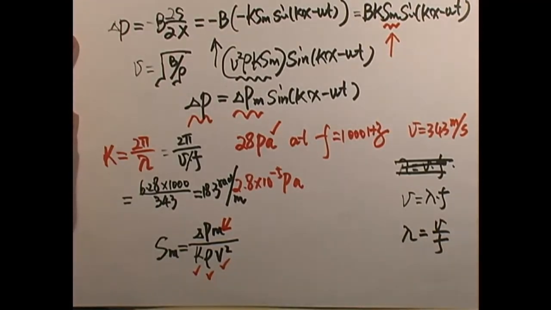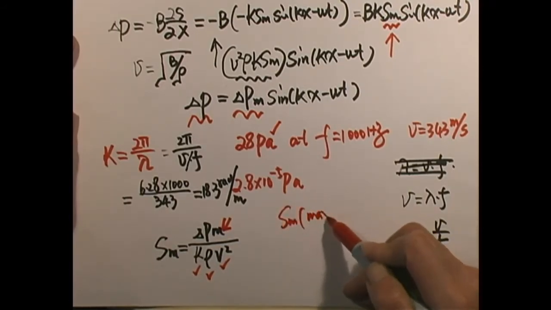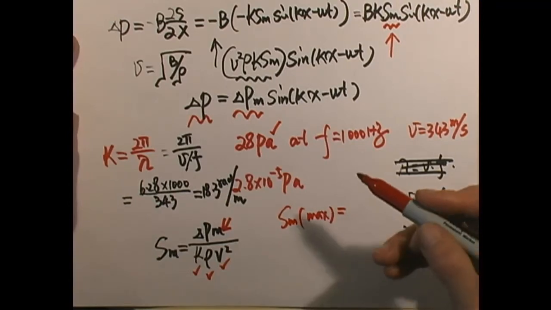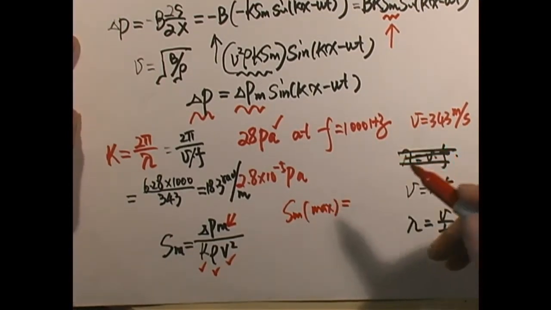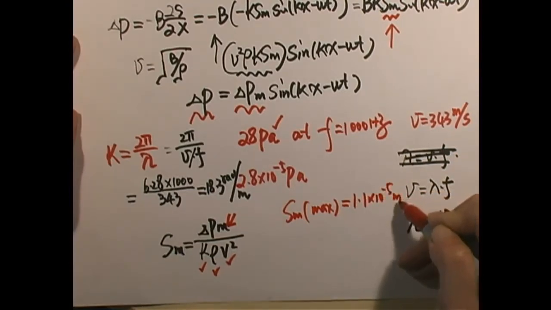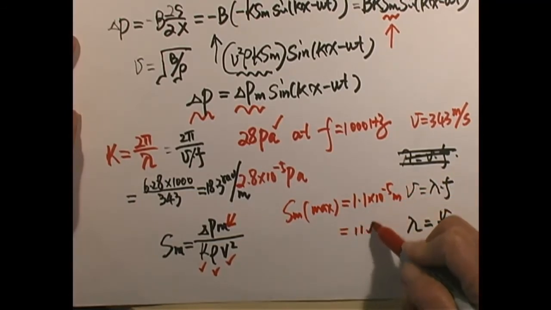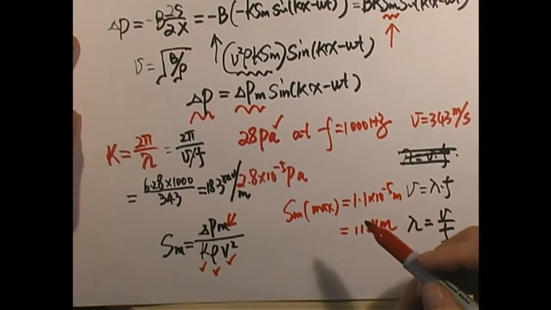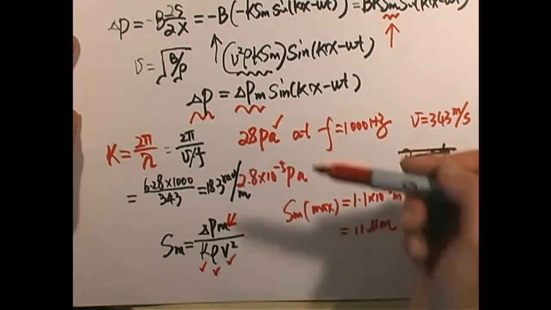Pascal is Newton per square meter, and we can find the maximum s_m. The result comes out as 1.1 times 10 to the negative 5 meter. So this is very, very small, almost 11 micrometers, when the pressure amplitude is 28 Pascal.